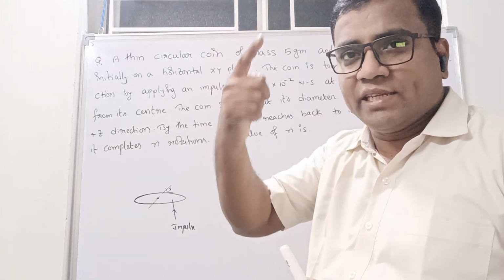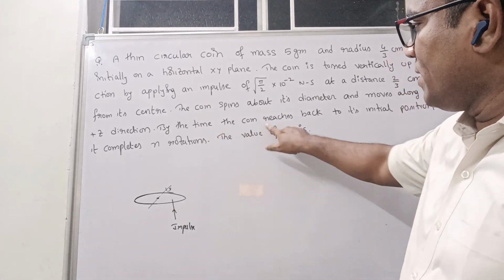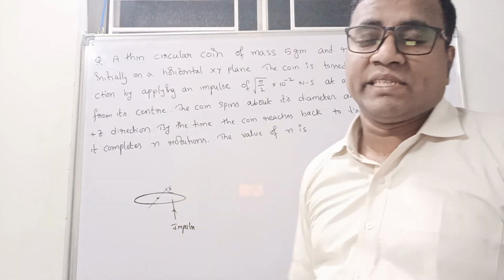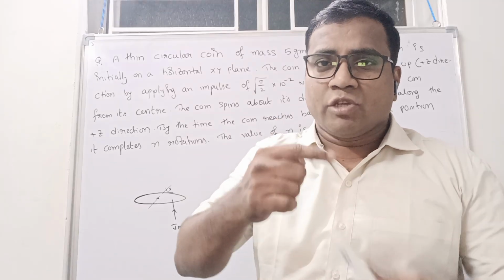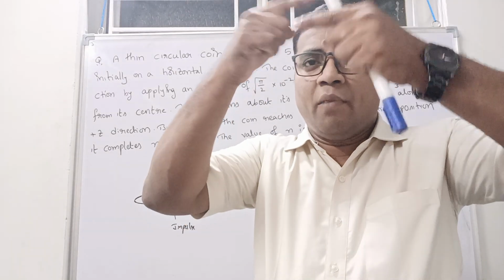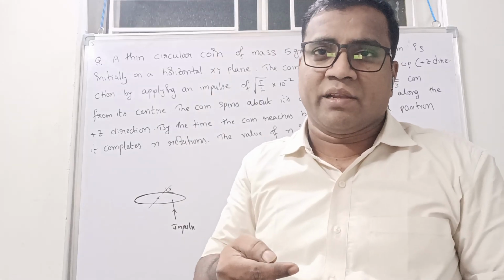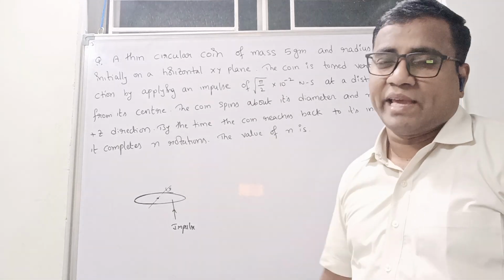He is asking that by the time the coin reaches back to its normal position, it completes n rotations. When it is coming to its initial position, it completes n rotations. He is asking for the value of n.